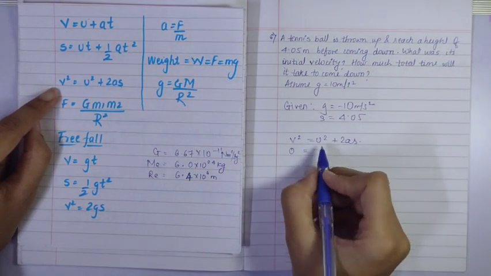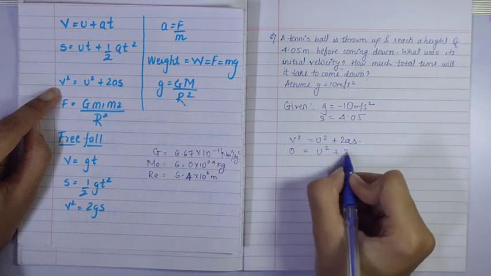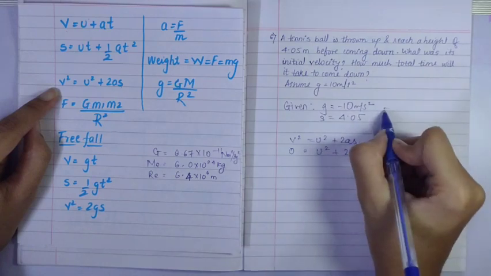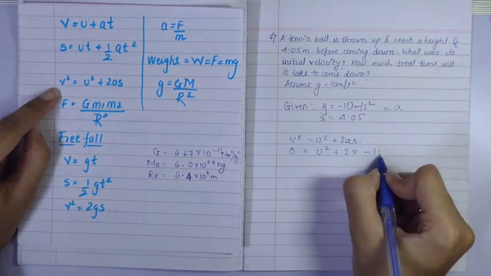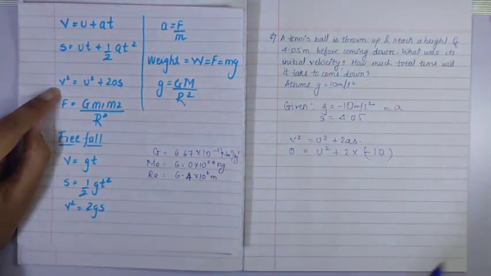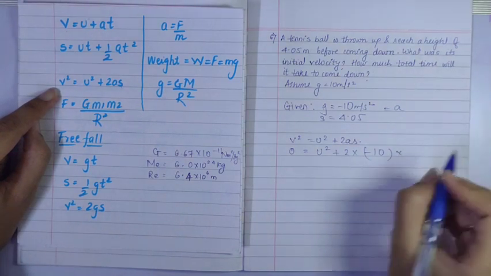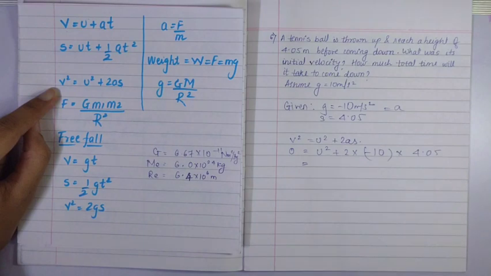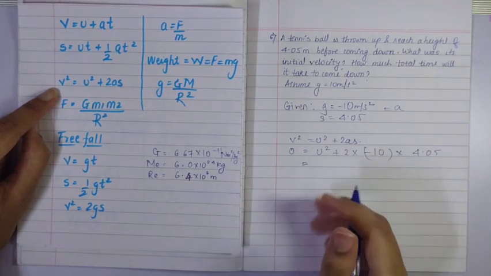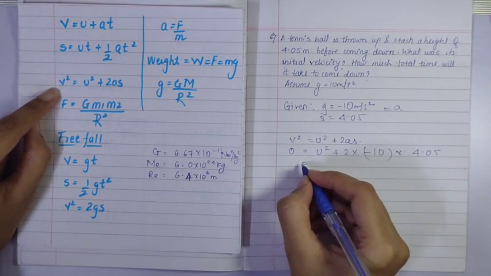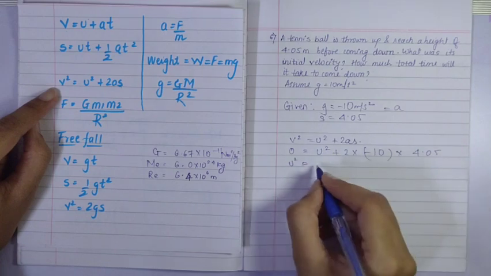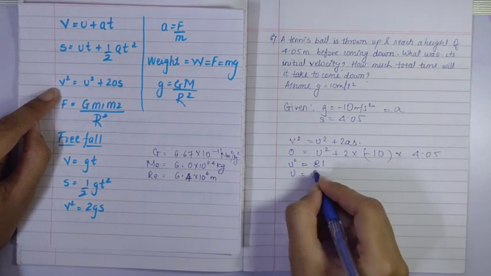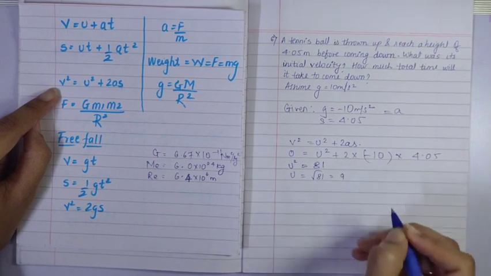So this is 0, plus 2 into a. I have told you it is acceleration due to gravity, that is minus 10. If you put 10, your answer is going to go wrong. Into s. Okay, so after calculating this, you get your u square as 81. So your u will be square root of 81, that is equal to 9.